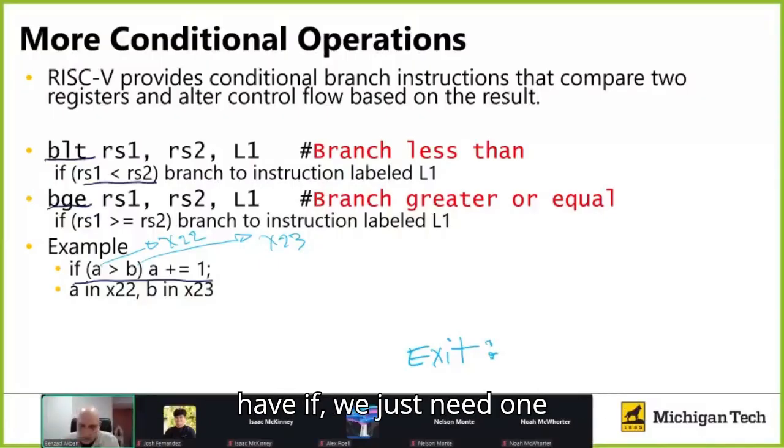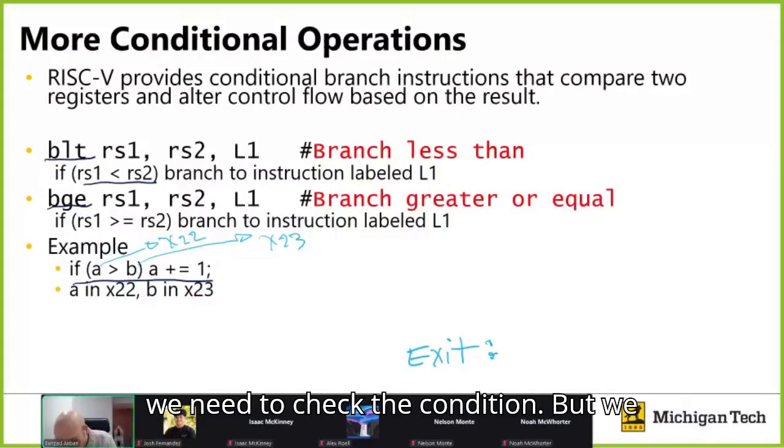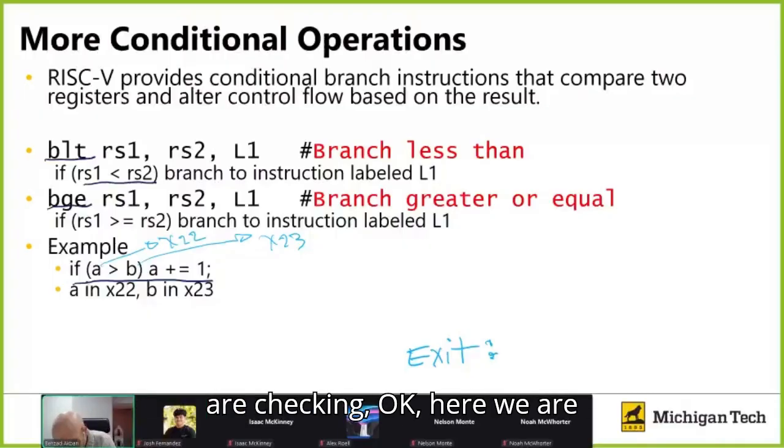Anytime we have an if, we just need one label, because when the condition is not true, we don't need to run that code. For example, here we don't need to increase A if the condition is not true. So first we check the condition, but we are checking the negation of the condition.